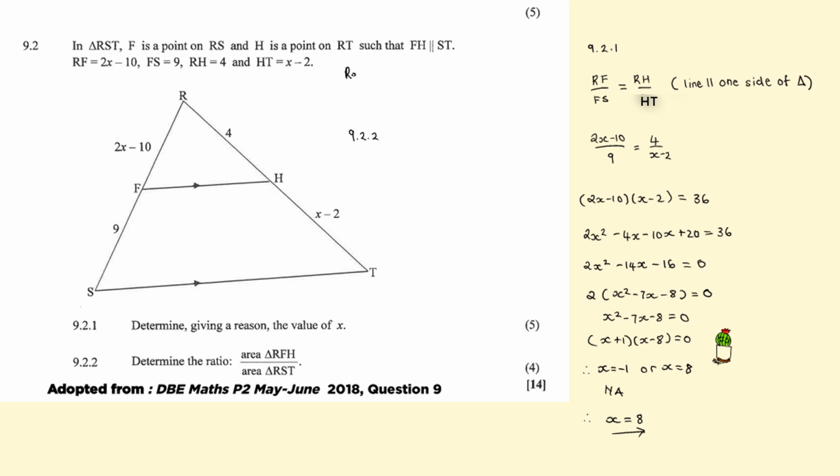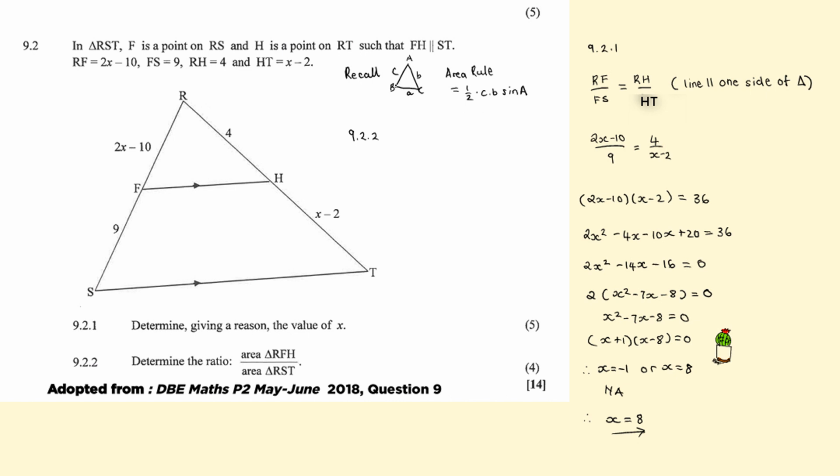Okay, so just recall from trigonometry, right? We stated that for any triangle ABC that is not a right-angled triangle, the area of that triangle by the area rule is equal to a half times CB times the sine of the included angle.